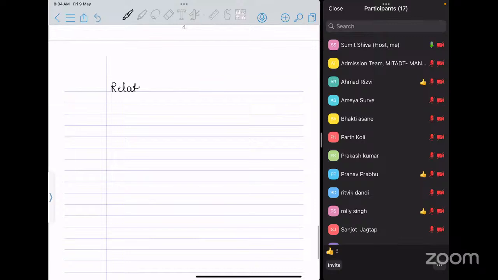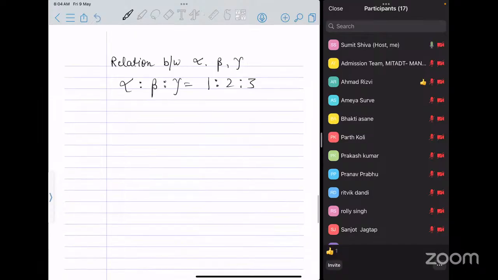Now there is an interesting relation between alpha, beta and gamma, which is very famous and given by alpha is to beta is to gamma is 1 is to 2 is to 3, which implies that if you are looking for the value of beta, that will be twice of alpha, and value of gamma will be 3 times of alpha, which means you can write it as 3/2 beta also.